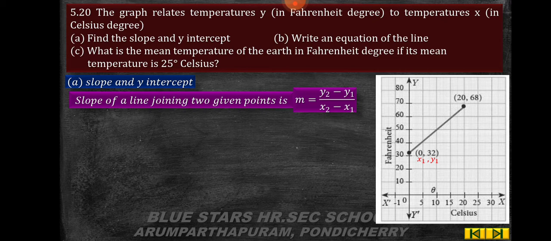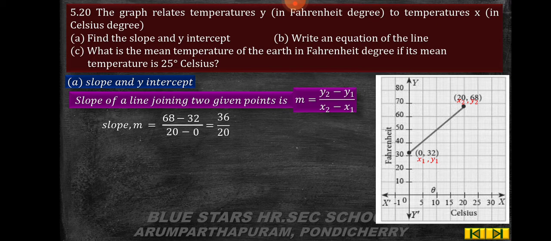The first coordinate is nothing but x1, y1 and the second coordinate is x2, y2. So you just substitute it in the formula. Slope m is equal to y2 value 68 minus y1 value 32 divided by x2 value 20 minus x1 value 0.